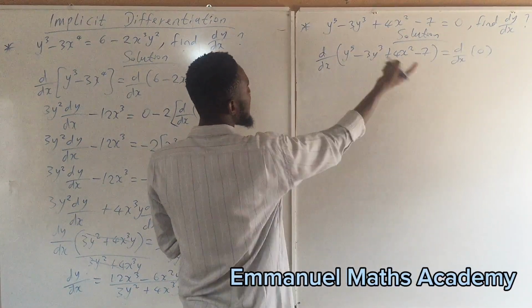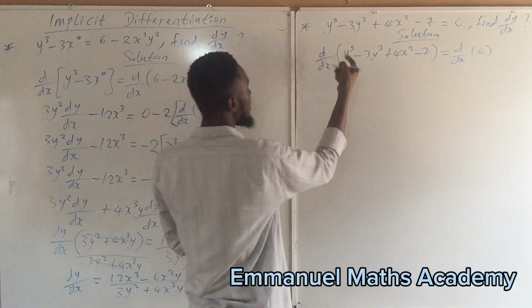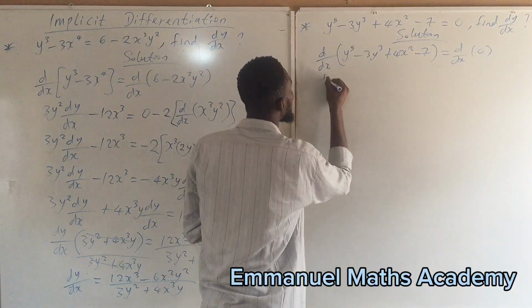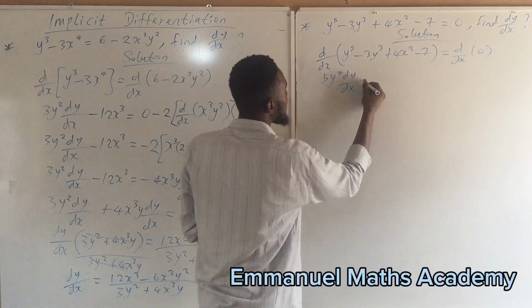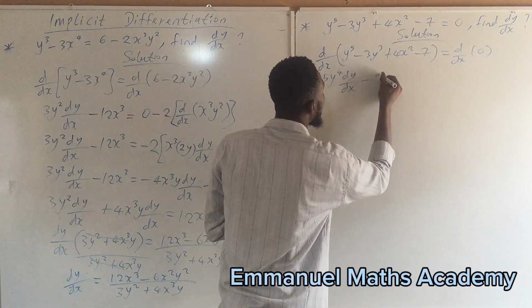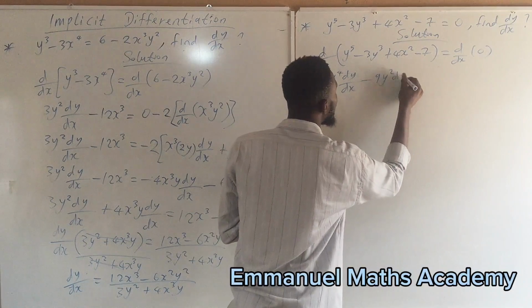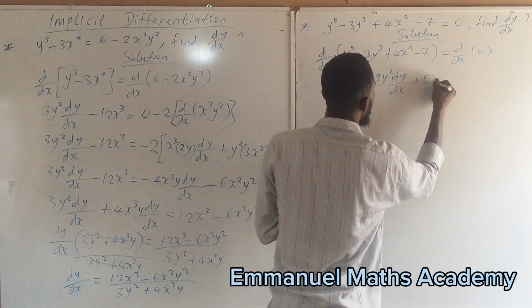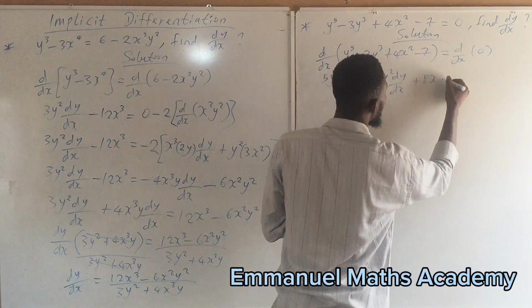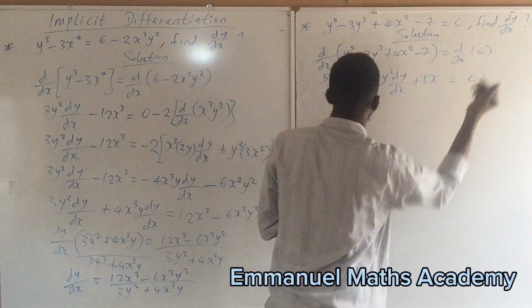If you differentiate this using implicit differentiation, here you have what? 5y power 4 dy dx minus 9y power 2 dy dx. Here you have 8x. This one will be 0. Then you also have 0.